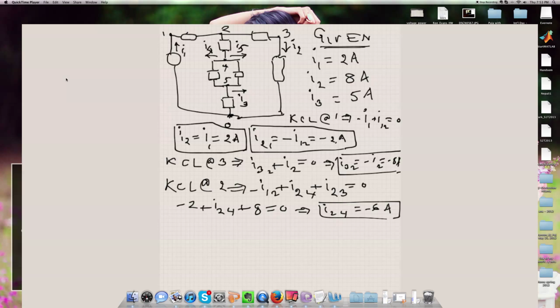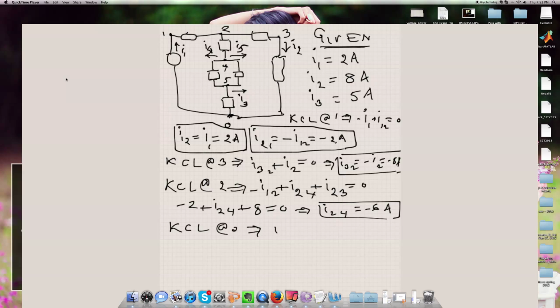Finally, KCL at the reference node, the one on the bottom, that will be the last node we will consider here. So that will mean we have 3 branches once again. The one going towards node number 1 is leaving the node 0.